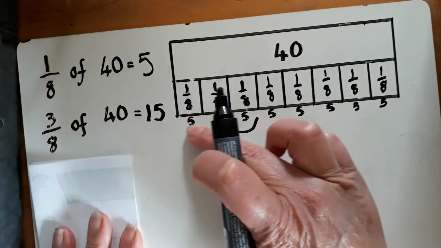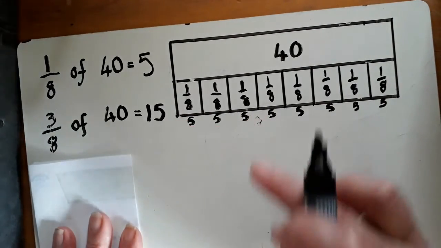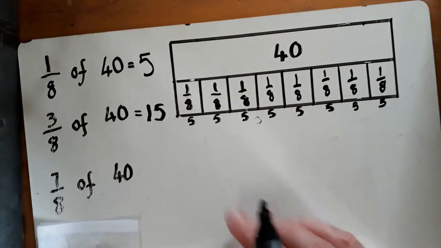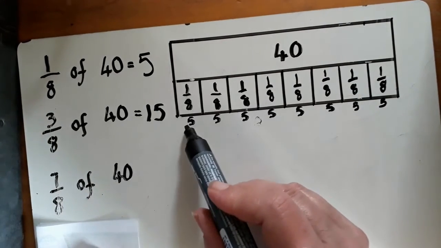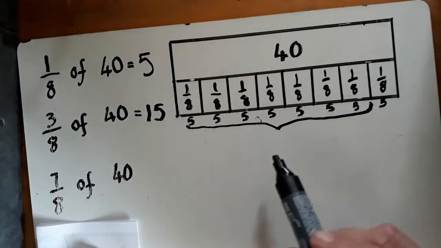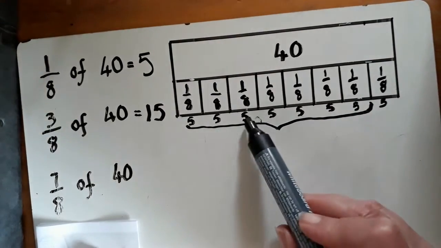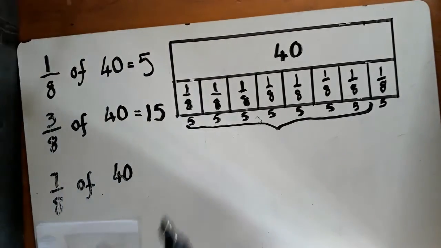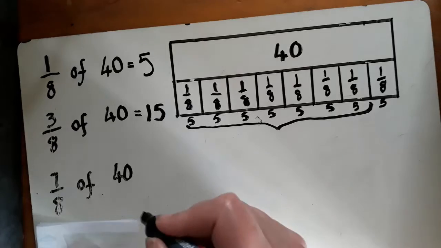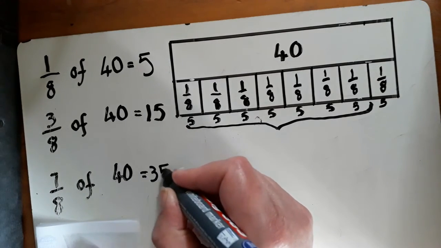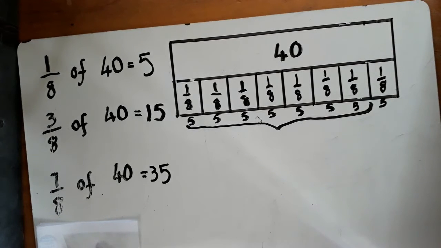Then we've got 7/8 of 40, which would go all the way like that: 5, 10, 15, 20, 25, 30, 35. 7/8 of 40 is 35.